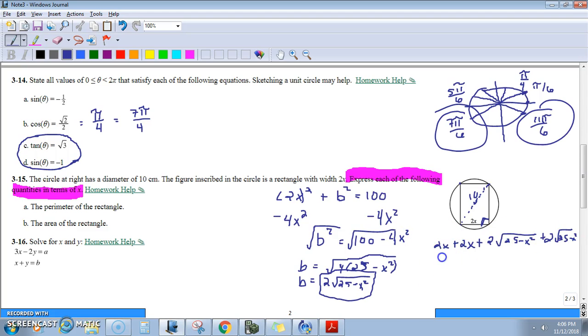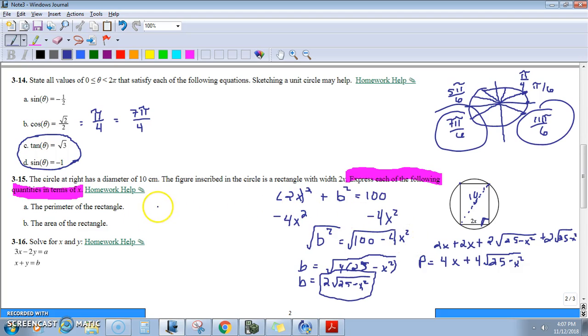So my perimeter is 4x plus 4 square root 25 minus x squared. Okay, and I'm just going to leave it like that. I guess you could factor out a 4 there. You don't need to. But this is really the perimeter. Not pretty, but that's the perimeter.